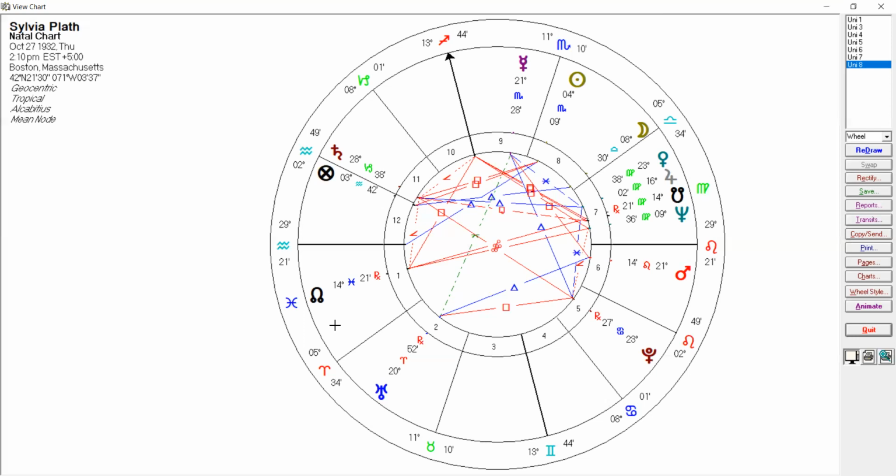So something also it's telling me about her perceptions of the people around her. Because her moon is in the 8th and very close to the 7th, it just tells me that her emotions were tied to her social network a lot.